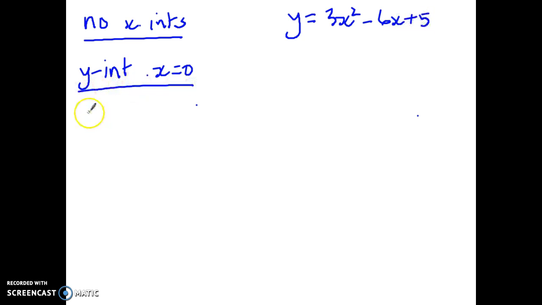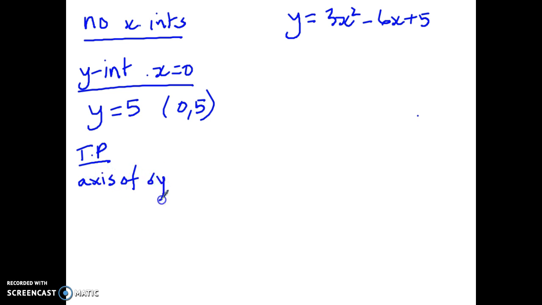If x equals 0, y equals 5. So I've got a y-intercept of 0, 5. My turning point, to find my axis of symmetry, I do minus b over 2a.